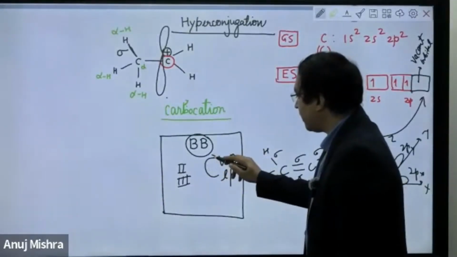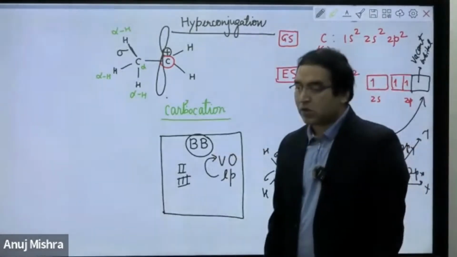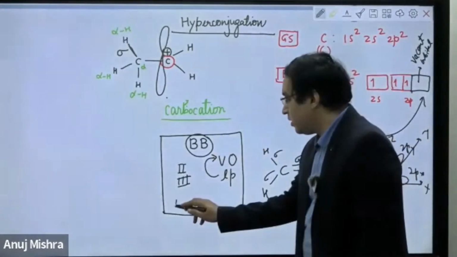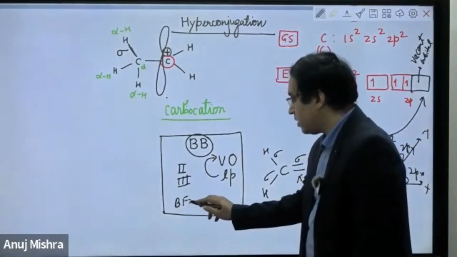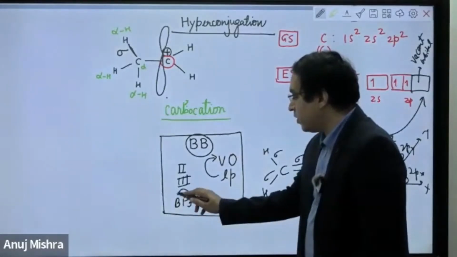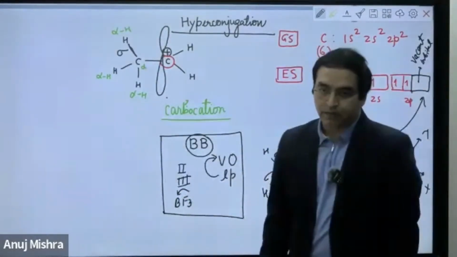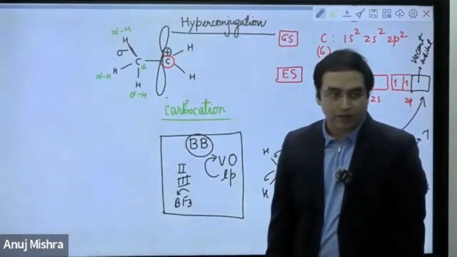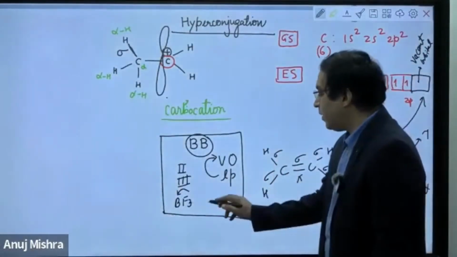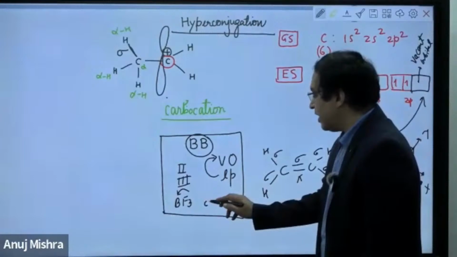The lone pair supports the vacant orbital. Can you recall? This is called back bonding. An example is BF3. Fluorine supports boron in its vacant orbital. Because of that, the BF bond becomes shorter. We have done these things or not? Can you recall? There can be many examples, right?